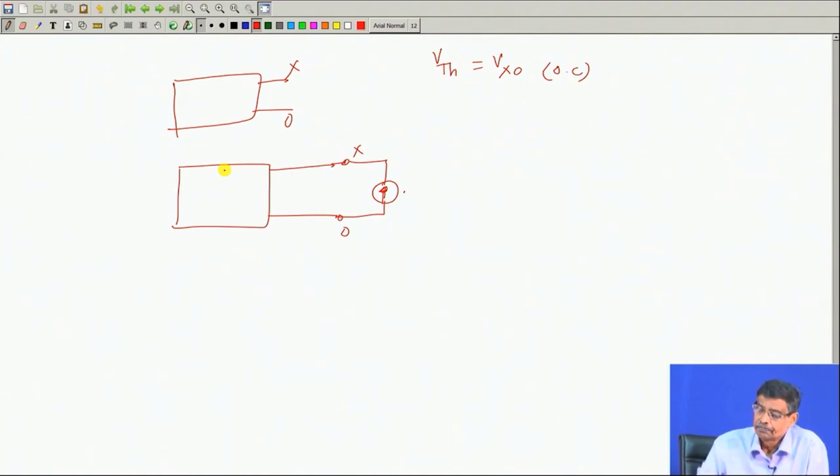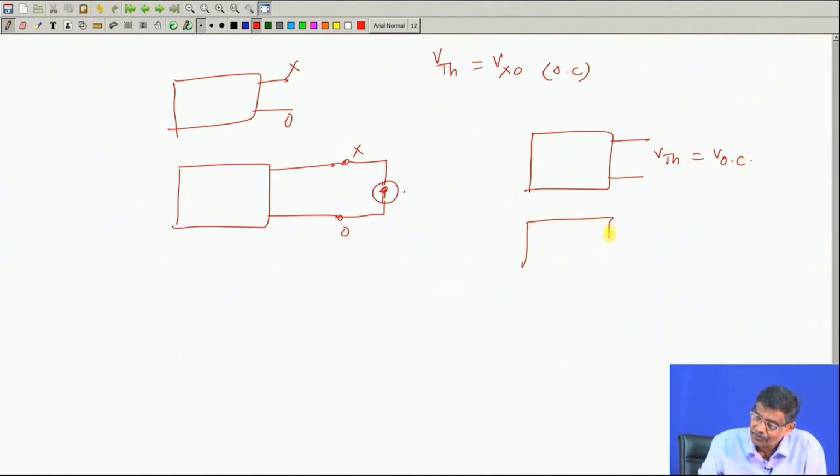Another way of finding R Thevenin: it is true for any type of network that you find the V Thevenin value, that is the open circuit voltage between X and O, and you also find the short circuit current when you short circuit these terminals.